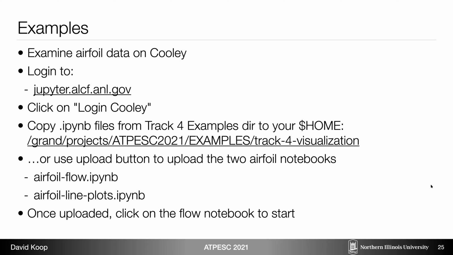Another option is to download them, and then there's a way to upload them into these notebook interfaces as well. So again, if you want to follow along, the notebook files are in the track 4 examples directory. You can copy them to home and then point your web browser at jupiter.alcf.anl.gov and go through the login procedure on Cooley. If you move them to your home directory, you should see them listed there.